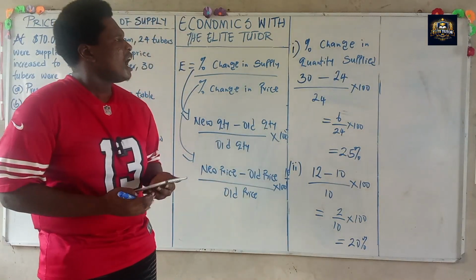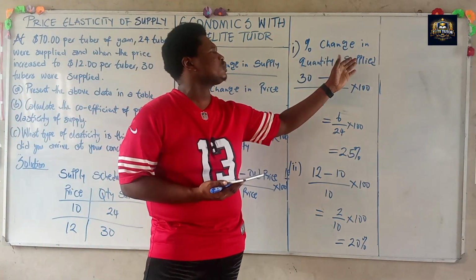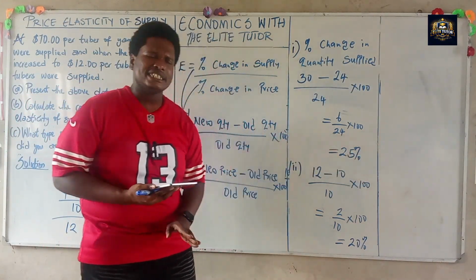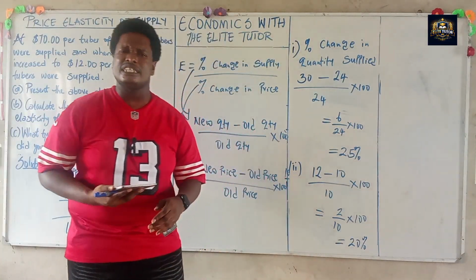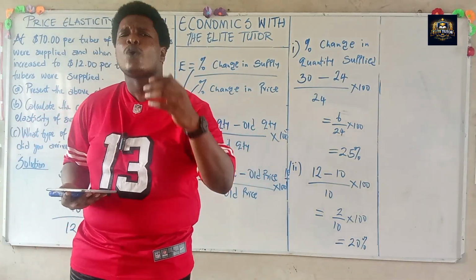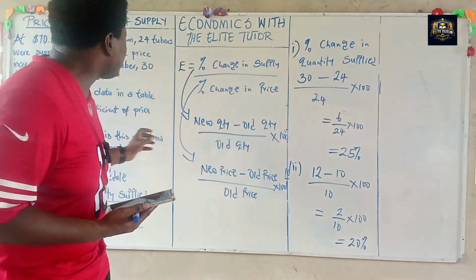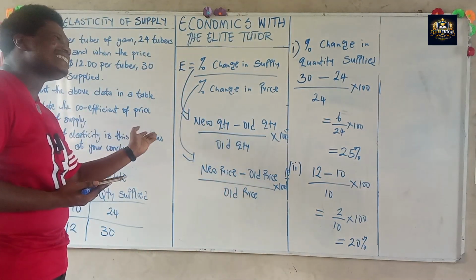So we can see that our percentage change in quantity supplied is 25% and our percentage change in price is 20%. At this point, we can go ahead to calculate the coefficient of price elasticity of supply.